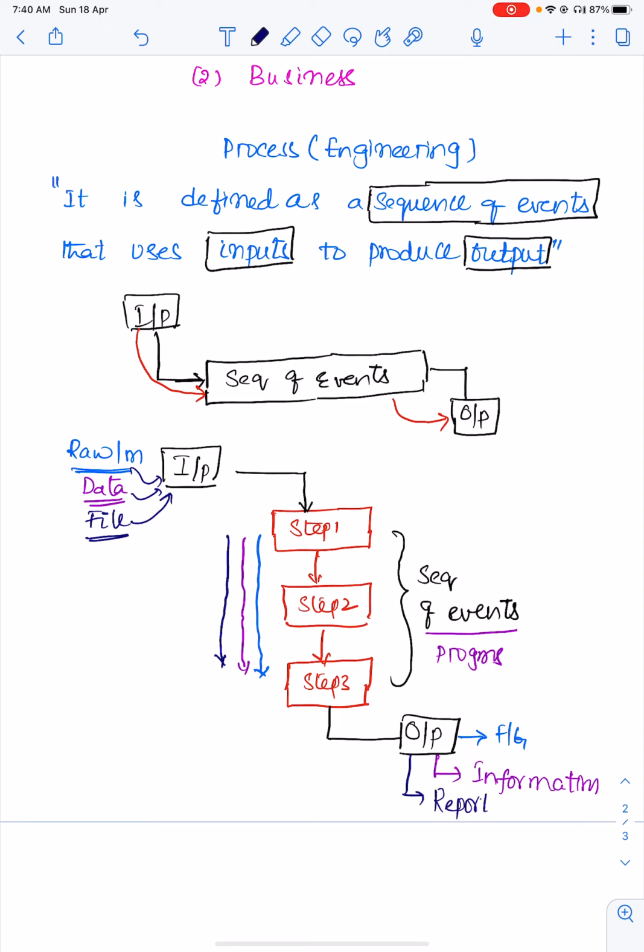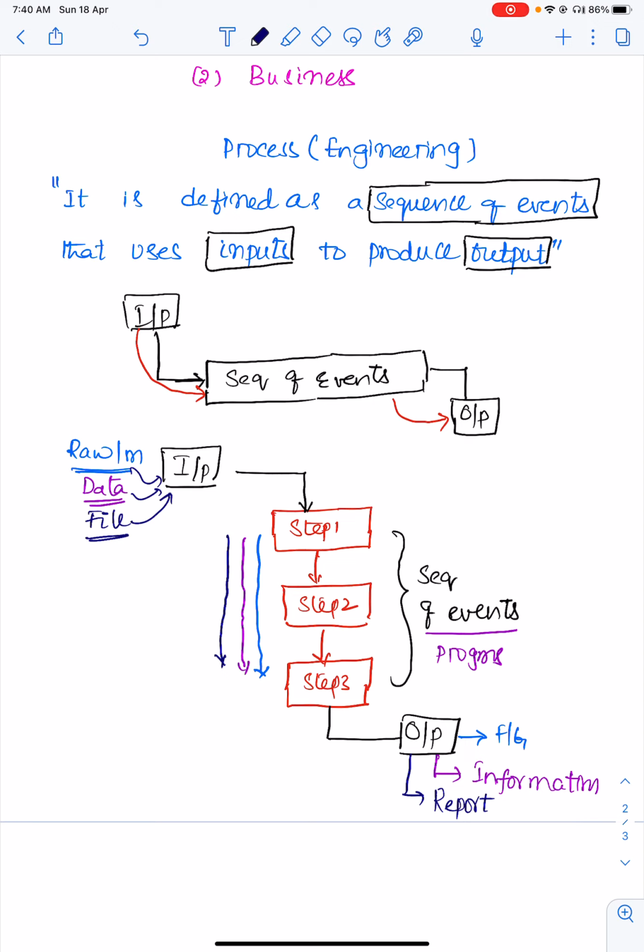Let it be anything. So what do you mean by a process? Process is defined as a sequence of events that uses input to produce an output. You take any activity, even a normal activity. For example, if you want tea, you have to follow certain steps in order to make that tea.